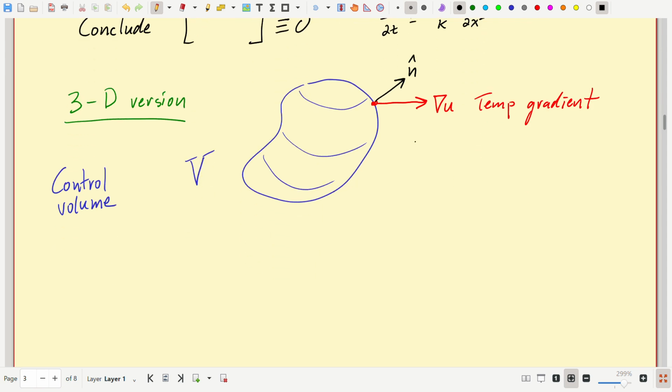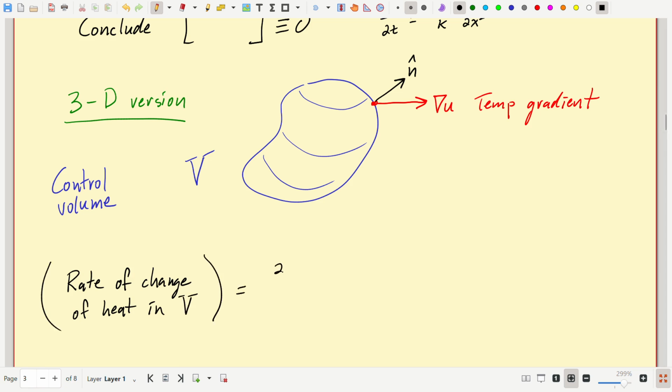And so let's see. When I do the same routine here, I would get the rate of heat flow, the rate of change of the heat in V. That would be d by dt of the heat content, which would be a triple integral this time over the volume of u of x,t dV.